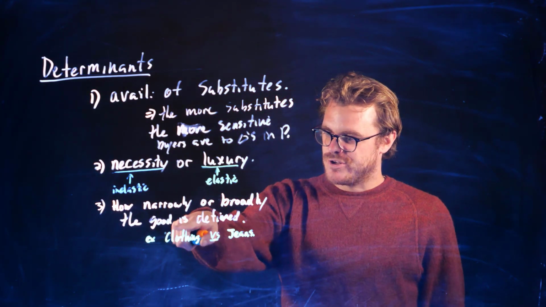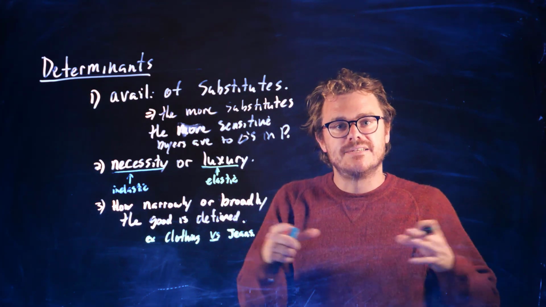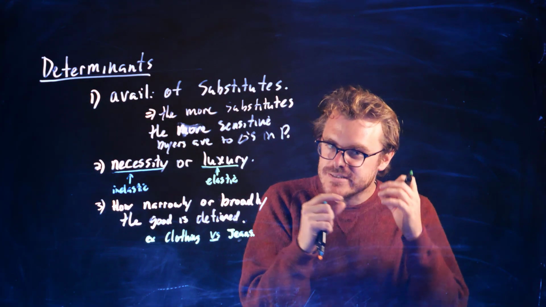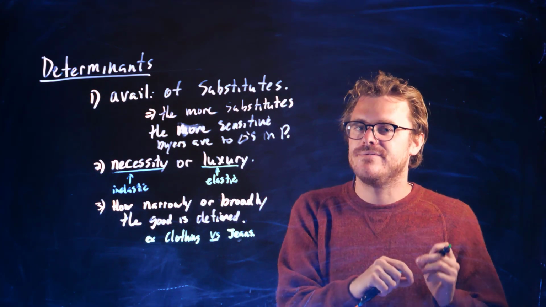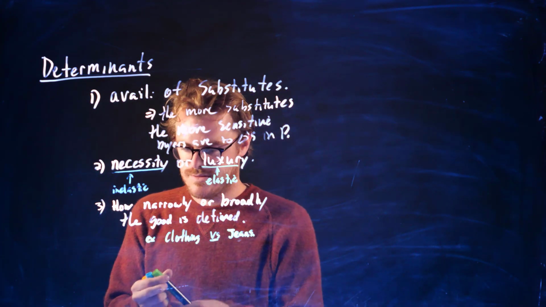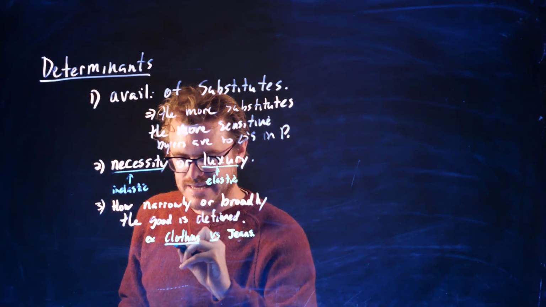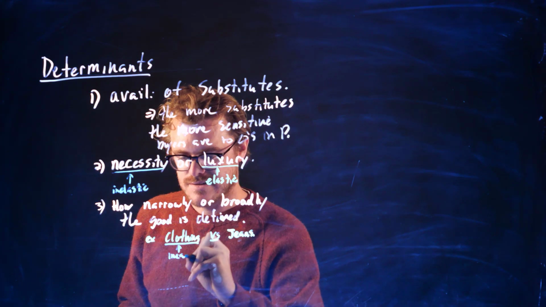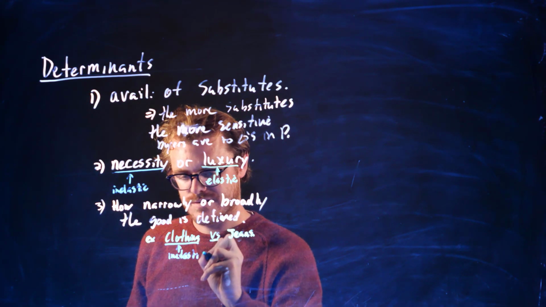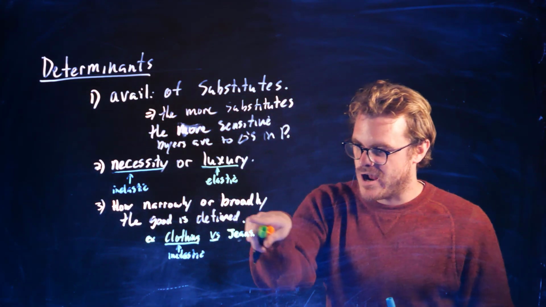Right? Clothing is a very broadly defined good. It encompasses lots of goods, including jeans, where jeans is more narrowly defined. You're going to think that clothing is going to be inelastic compared to jeans.